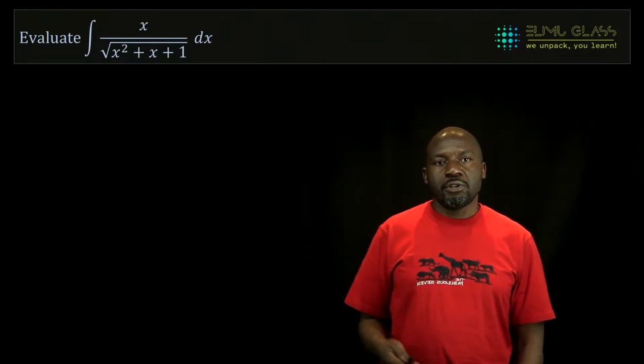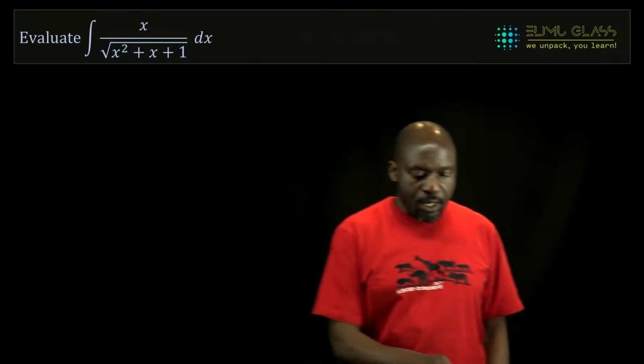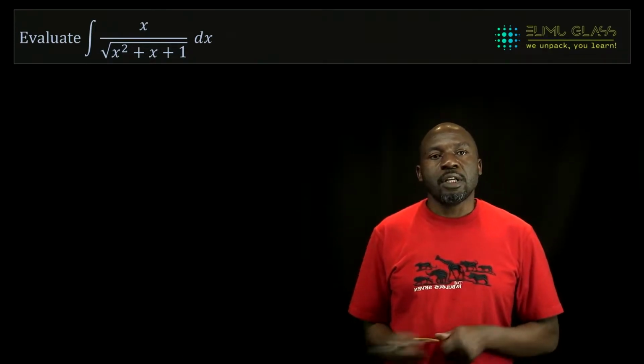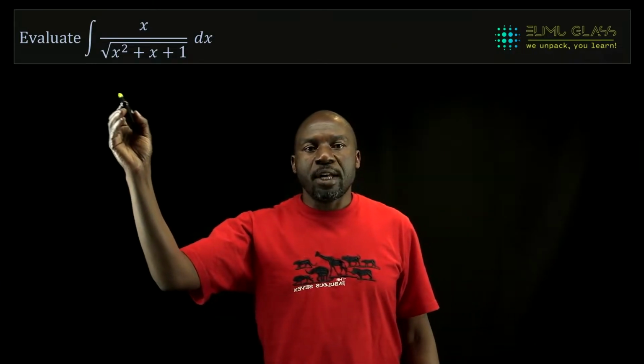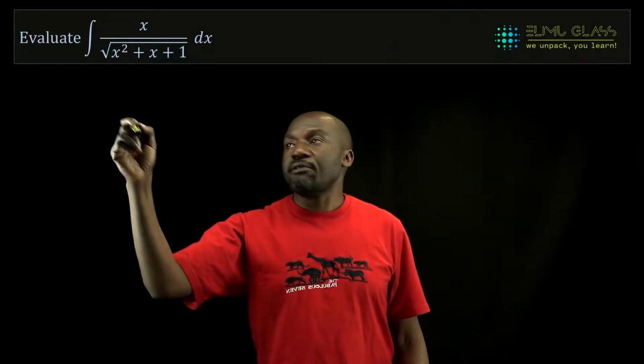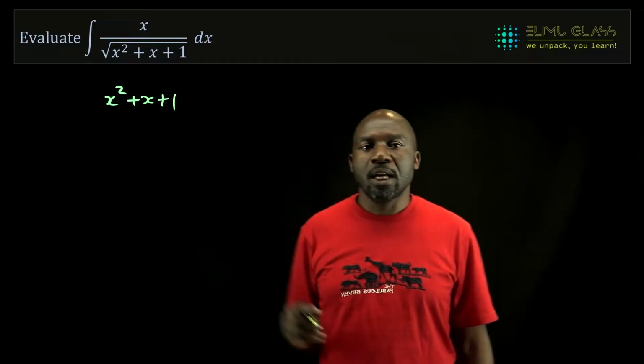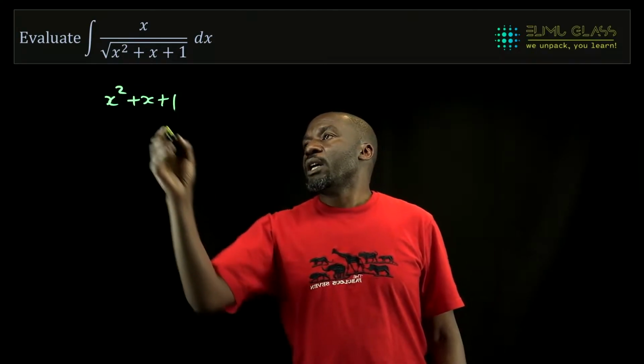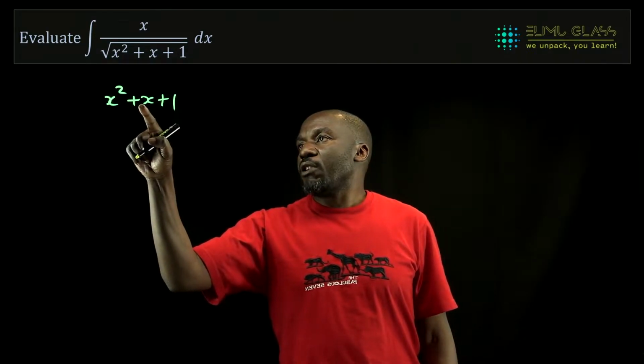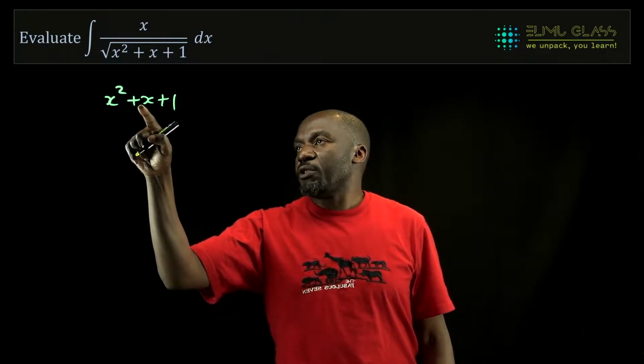The first thing we want to do is to rewrite this in vertex form. So let me just show that quickly. I will erase it, because I think I've jumped this step. So x squared plus x plus 1, we want to write this in vertex form. To do that, I'm looking at the coefficient of x, which we normally refer to as b.